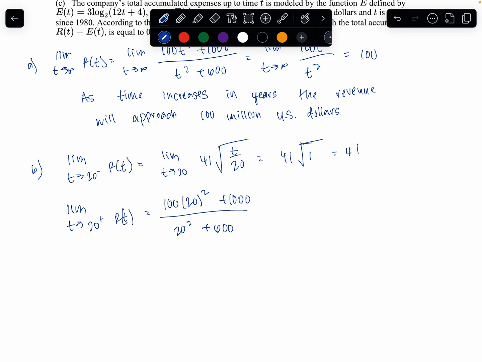You can definitely use a calculator for that. 20 squared is 400, plus 1000 over 40 plus, okay, I'm bad at this. I'm going to use a calculator. Let's see what we get.